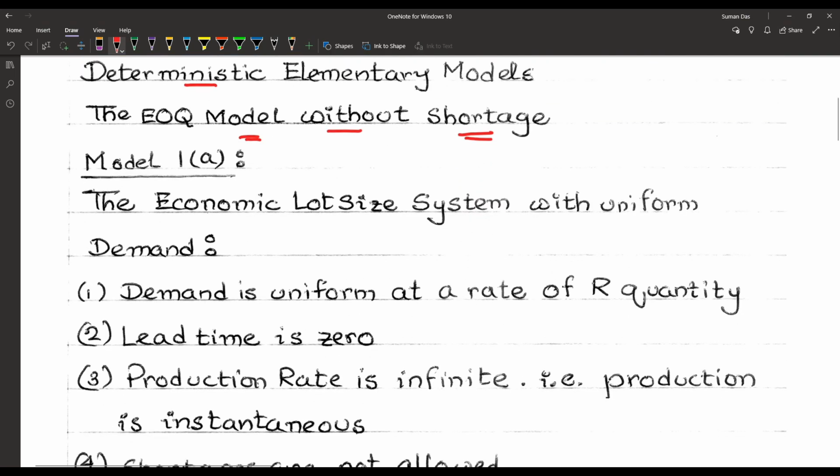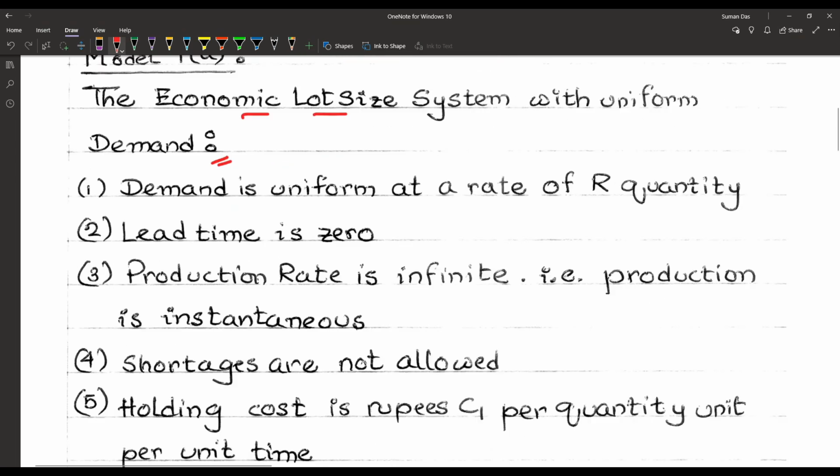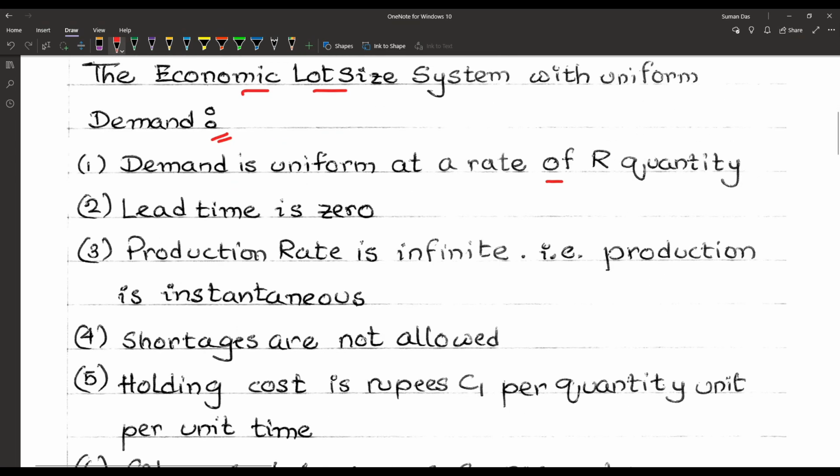In model 1A, where the demand rate is uniform but the production rate is infinite, we have the economic lot size system with uniform demand. The demand is uniform at a rate of capital R quantity. You may check the video on variables, where I have already described the terms of the different inventory control systems.